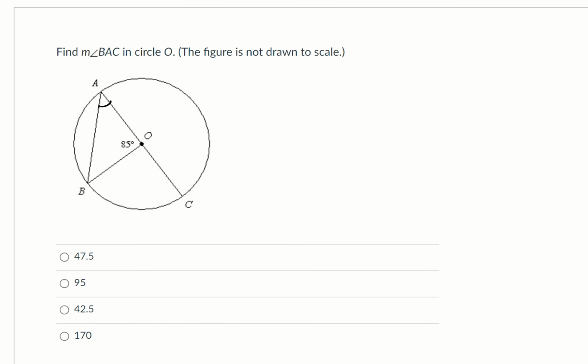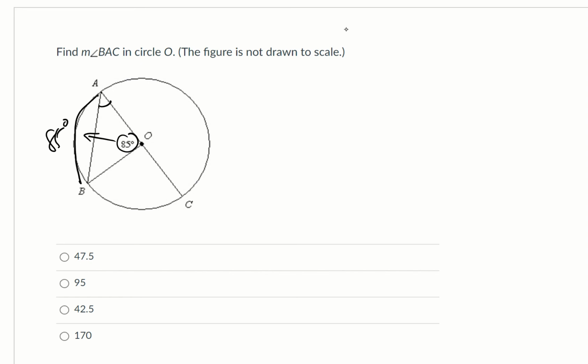For the next one, find the measure of BAC in circle O. So we want to figure out this angle. Now, they give us that this is 85, and that's a central angle, which means this is also 85.